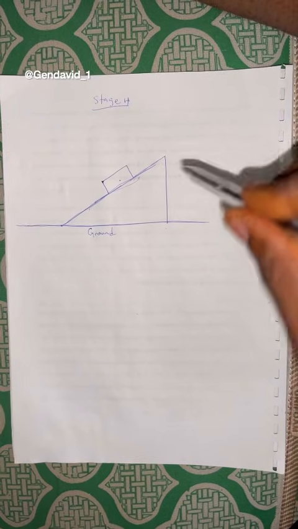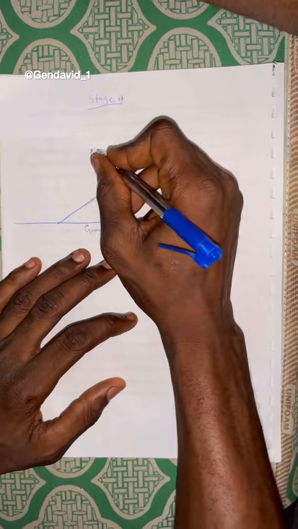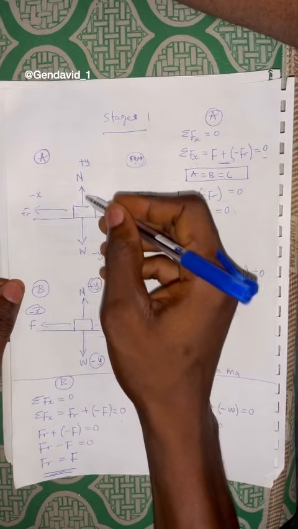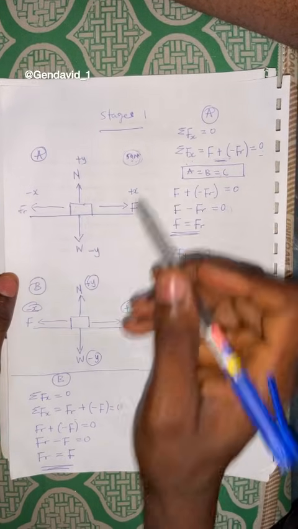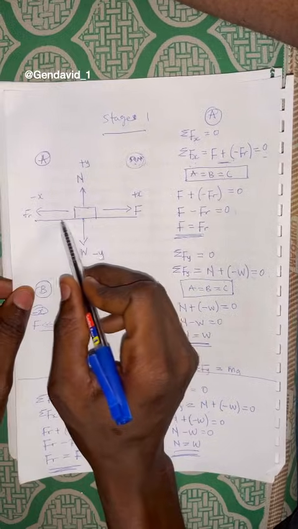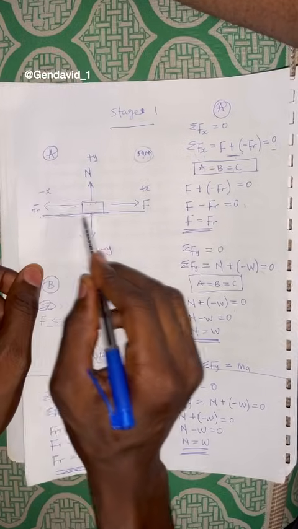First thing I want you to know here is that the normal force of this object will be like this. Why is it that the normal force is not like this one? The reason is because, don't forget, when we started, I said the normal force is the force of this surface on the object. And the structure of this surface is like this.